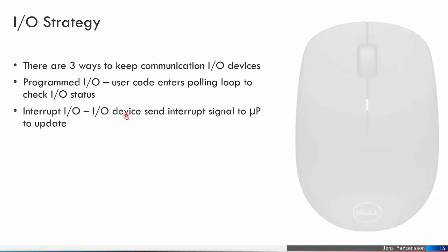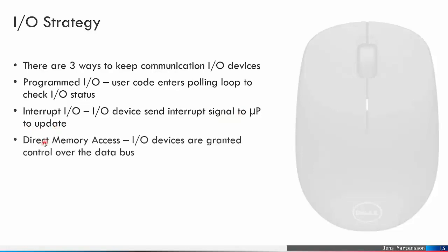The second is interrupt. In this one, instead of the program waiting for the device to respond, the program can continue, but the I/O device will send an interrupt signal to the microprocessor so that something can be done.